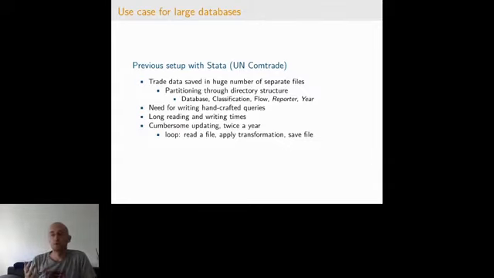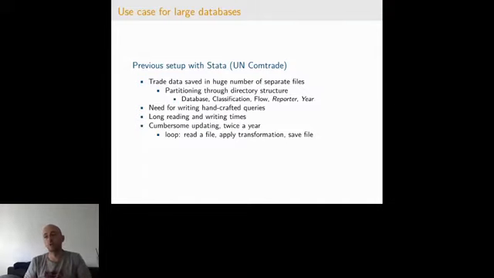So when you needed to access a certain subset, you had to write your own loop, going over all the files, loading them, extracting the data you needed, compacting them, and saving it somewhere else for further transformation. That resulted in long reading and also long writing times, and made updating the database, which is done usually twice a year, very, very cumbersome.